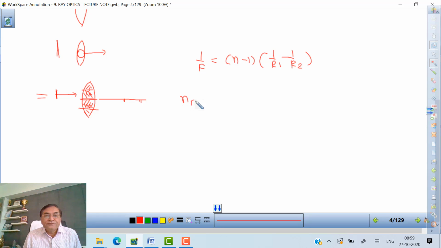For red color the refractive index is less, so focal length is more. So if parallel rays are incident here, which color focuses first? Violet. Whose refractive index is less has larger f, so the last color will be red, and the first one is violet.